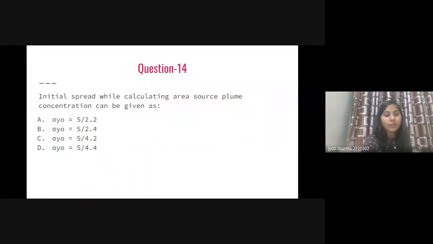Okay, the next question. Initial spread, while calculating area source plume concentration, can be given as. Monisha, what's your question?